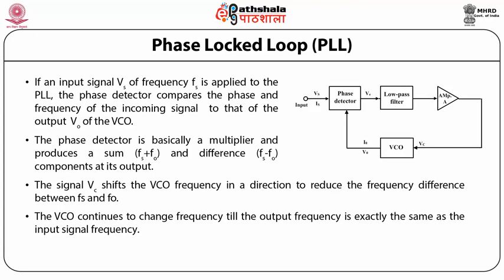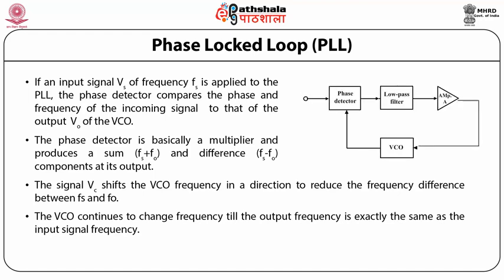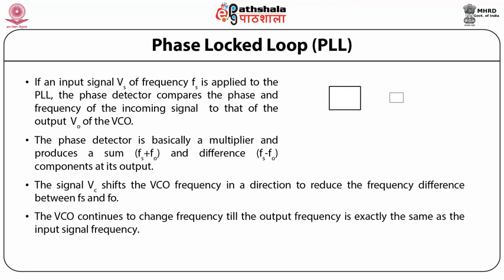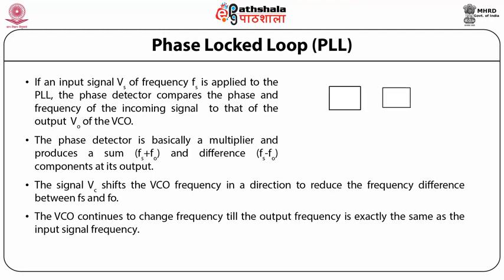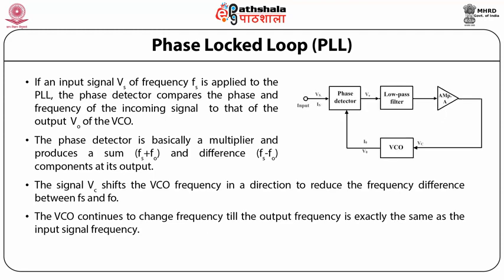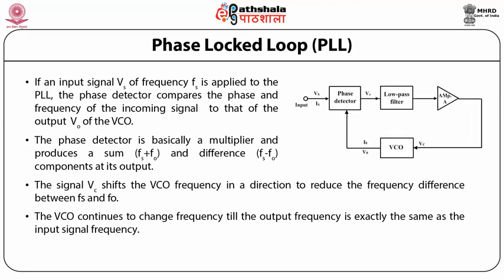Once locked, the output frequency F0 of the VCO is identical to Fs except for a finite phase difference phi. This phase difference generates a corrective control voltage Vc to shift the VCO frequency from F0 to Fs and thereby maintains the lock.